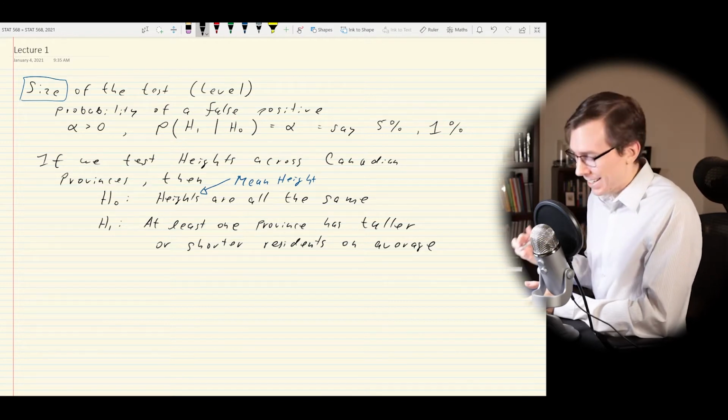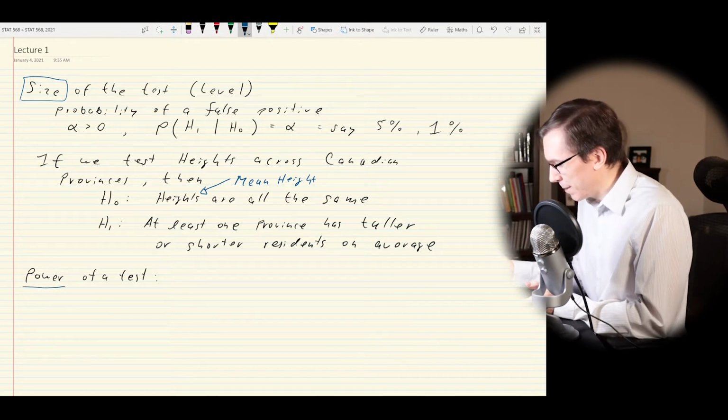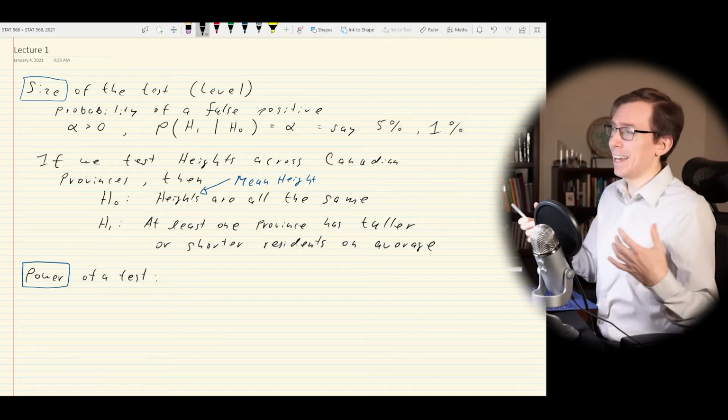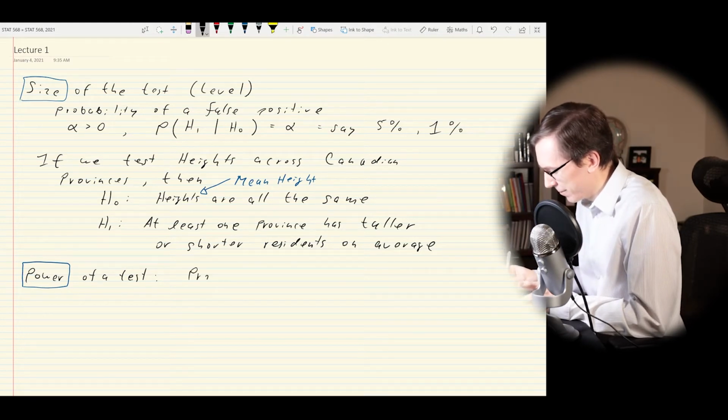And if we want to detect a significant difference, then we need power. So the power, statistical power, of a test, this is the probability. Let me highlight that in blue to make it look better. There we go. So the power of a test is the probability of getting a true positive.